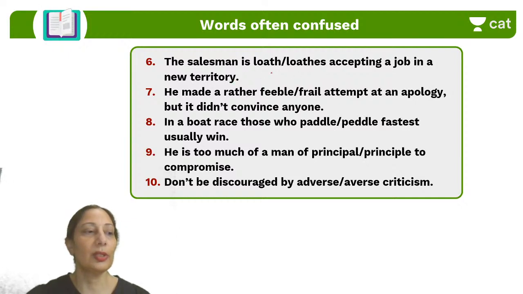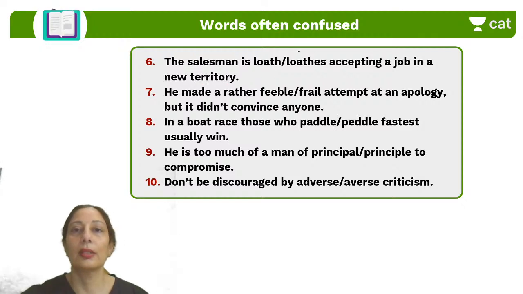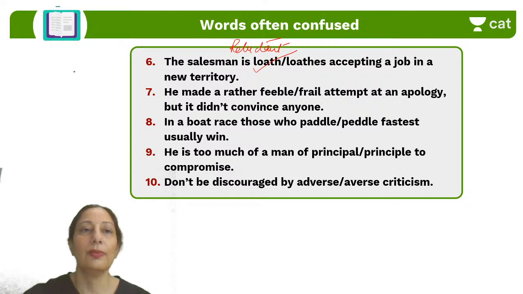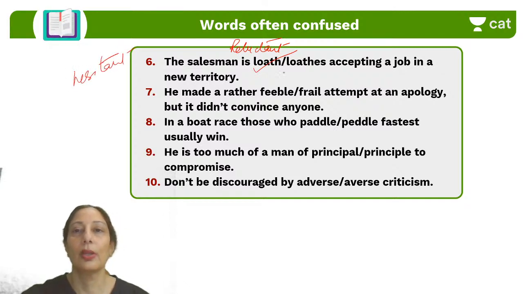Sophomore is the first year of college. The salesman is loath accepting a job in the new territory. Yes, it's loath. Loath means reluctant, hesitant. He's very hesitant, reluctant or hesitant.